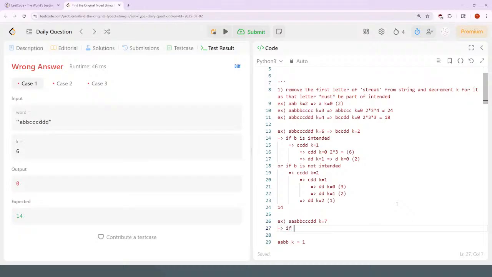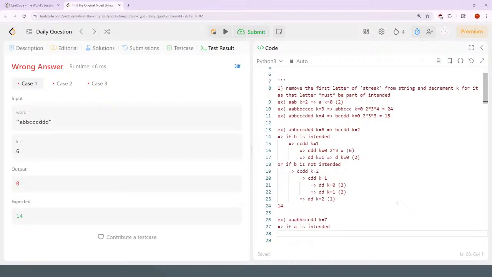So again, the first A is intended, then you're left with 2 A's. Actually, I'm going to start with the reduction.